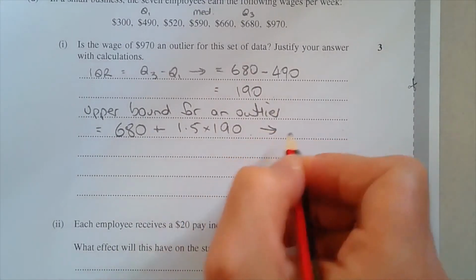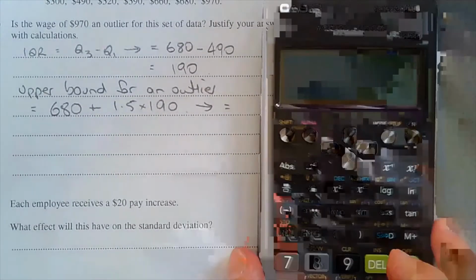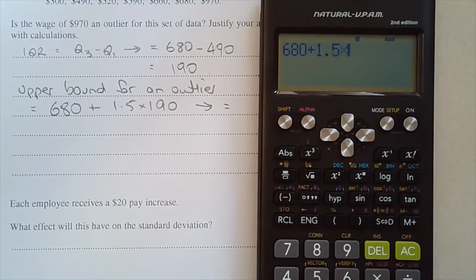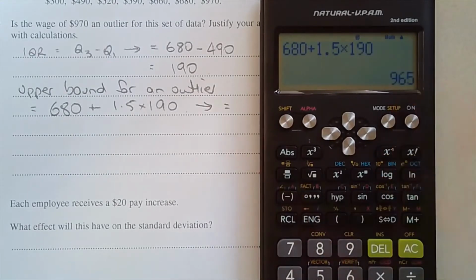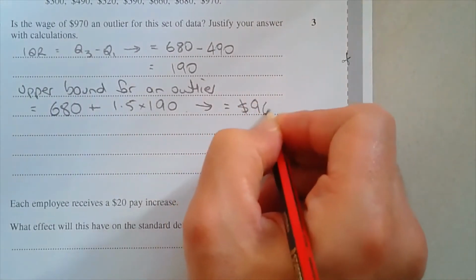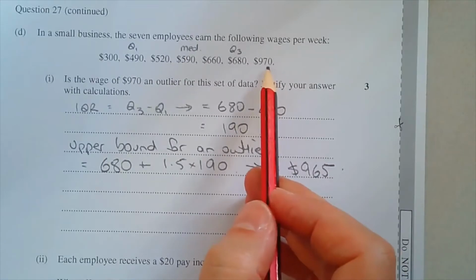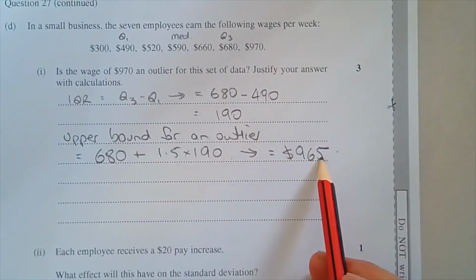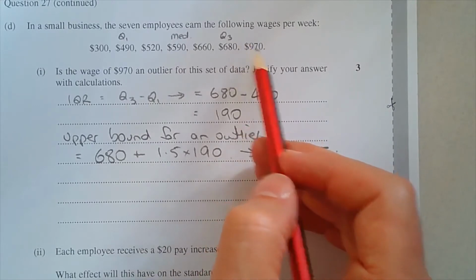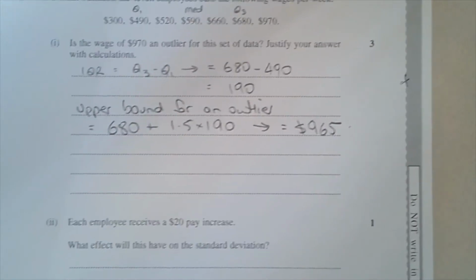So 680 plus 1.5 multiplied by 190, and we get 965. But $970 is greater than 965, so 965 will be a little bit further to the left than the 970. So 970 will be an outlier.